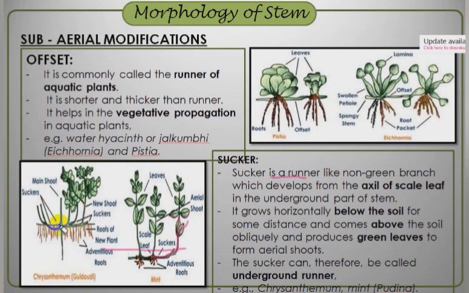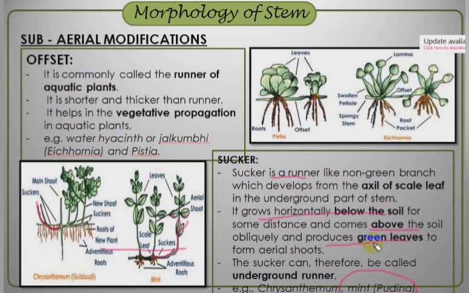In this other diagram, this branch arises from the stem, grows under the soil for some time, and then comes out of the soil and gives off leaves. It grows horizontally below the soil for some distance and then comes out and produces green leaves. A perfect example of a sucker is mint, as I said earlier, pudina, and chrysanthemum.